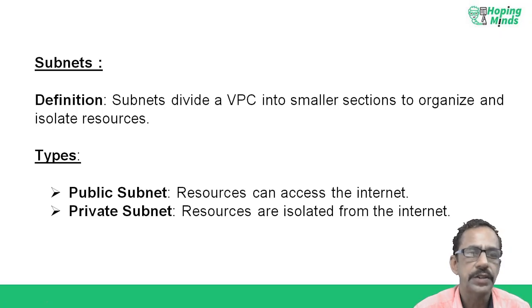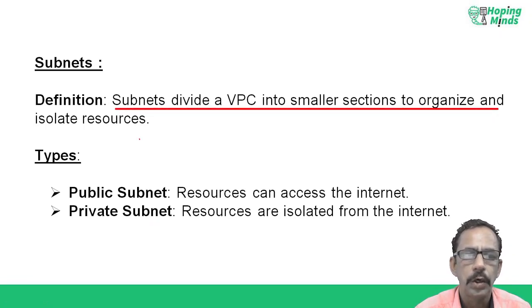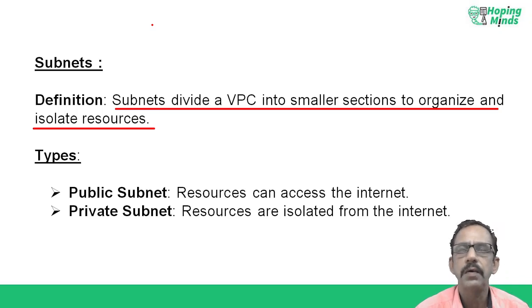Next, what is a subnet? A subnet divides a VPC into smaller sections to organize and isolate resources. It is a subnetwork that divides a big network, whatever CIDR range you configure in your VPC.